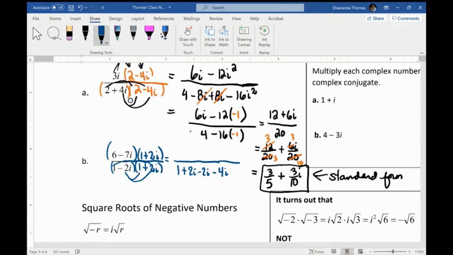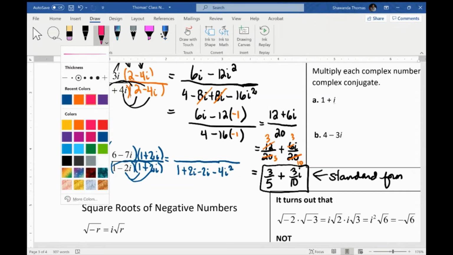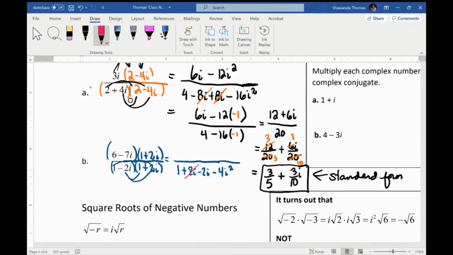Anytime we're multiplying conjugates together, you'll notice the middles cancel out. So you don't even have to do the whole FOIL, you could just do the first and the last parts. That's just a little tip. But if you're a little shaky on that, FOIL the whole thing out.